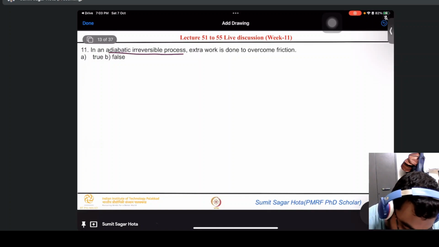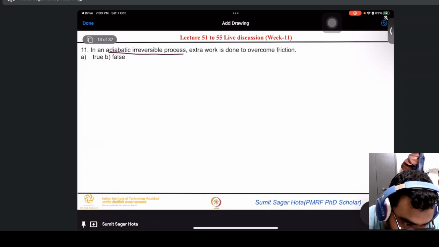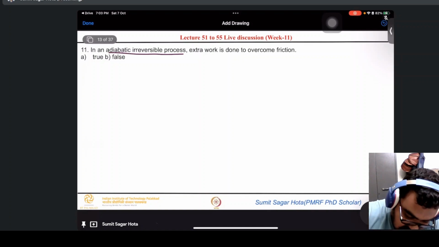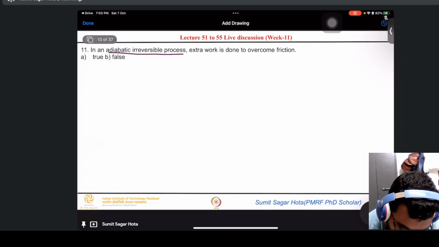So in an adiabatic irreversible process, the extra work is done to overcome what? Friction. So it's absolutely a true statement.